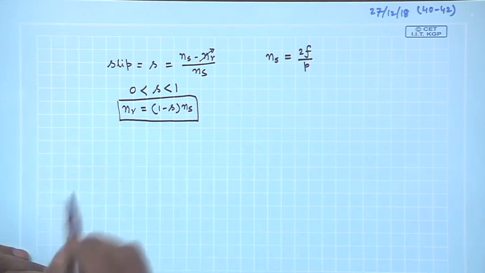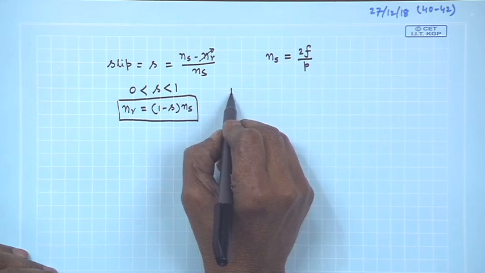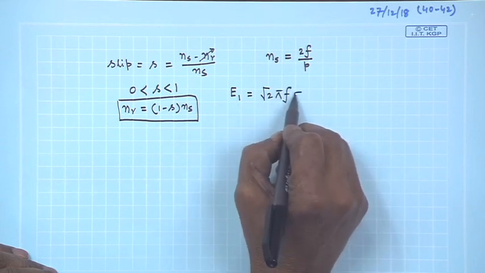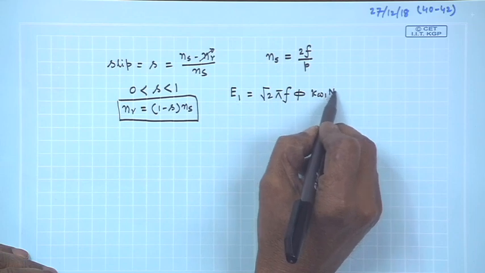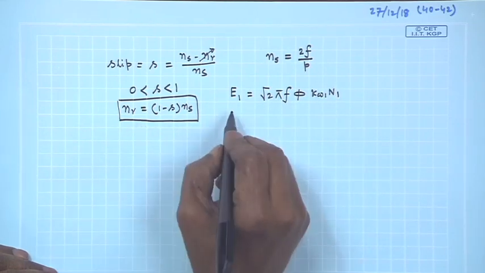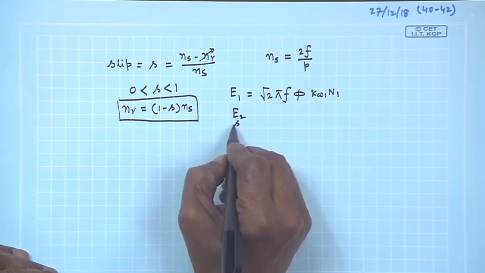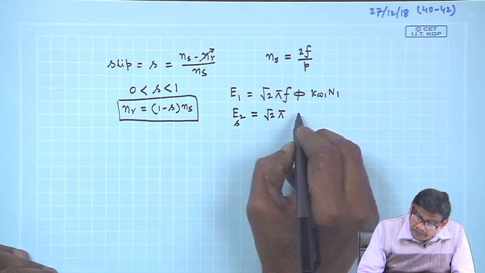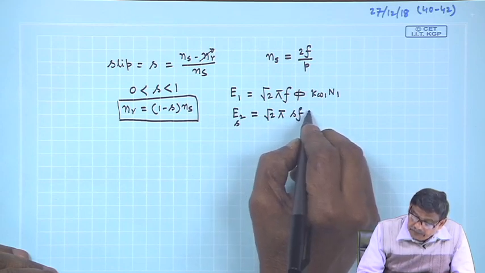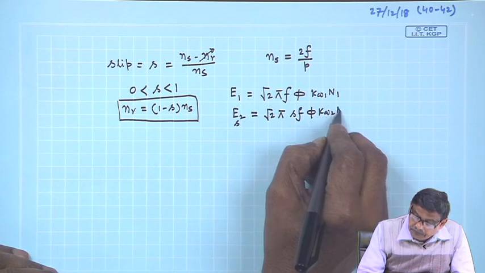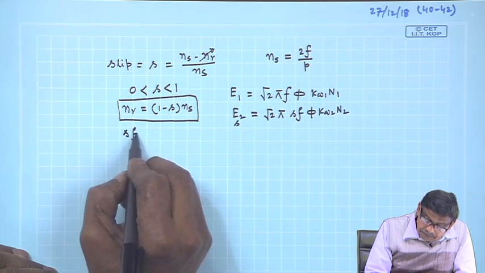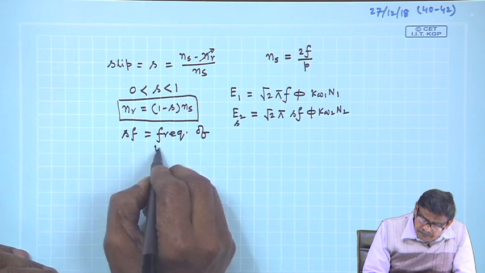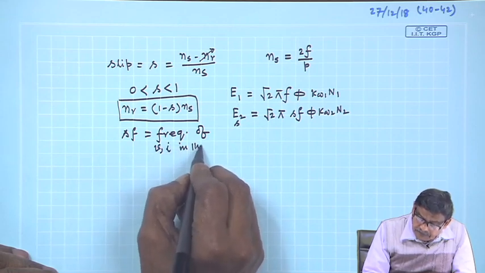And then the important thing we told you is that the stator induced voltage E1 was equal to root 2 pi f phi into kw1 N1, and at any value of slip the induced voltage E2 will be root 2 pi S f into phi into kw2 into N2, where S f is the frequency of electrical quantities, voltage and current, in the rotor circuit.